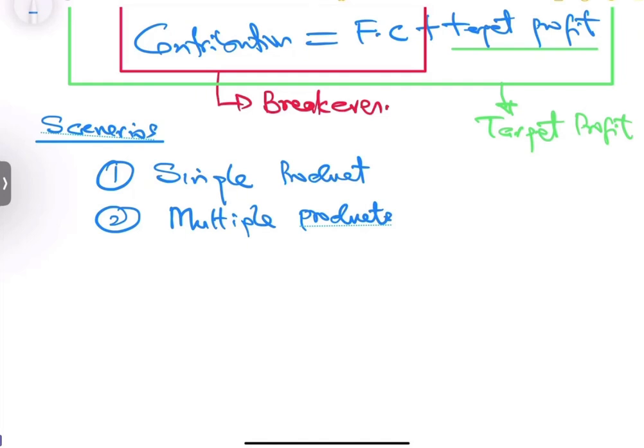If you have one product, it's just like when we're talking about limiting factor. If you have one limiting factor, it's always easier than when you have multiple limiting factors. And same thing you will see when we have just a single product, it's easier. But when you have 2, 3, 4 products, then it's a bit more techy, right? So let's deal with the single product first.